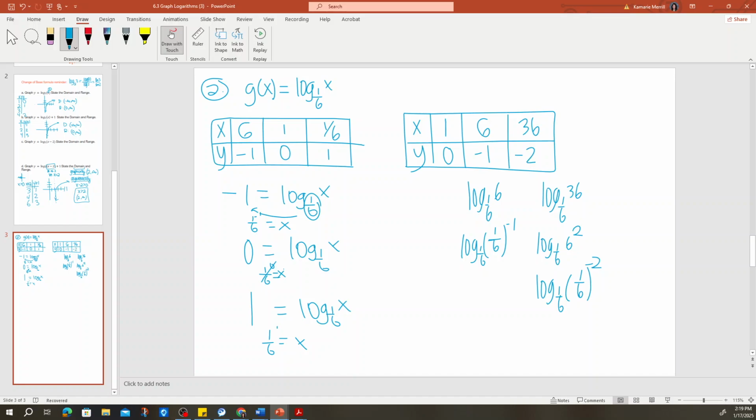I could also have plugged in a 1/6, which would have given me a 1. So that's an easy value too. You can generate whatever values make sense to you. You don't have to copy my values. Do you feel pretty good about trying that?